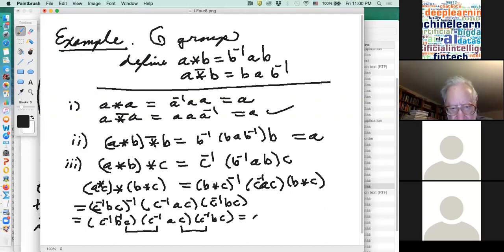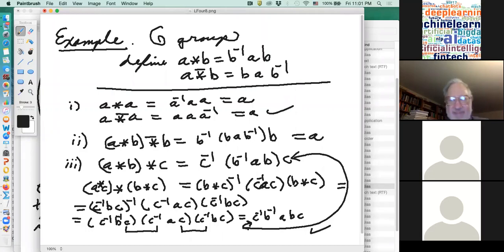So this will be C inverse B inverse A, B, C. And that's equal to this. So we're done, right? Conjugation self-distributes. Conjugation and reverse conjugation both self-distribute. Remarkable and important fact.